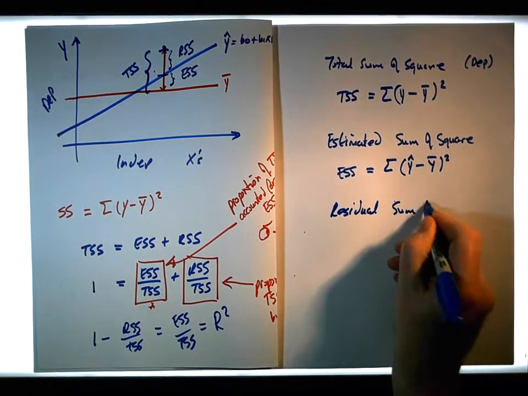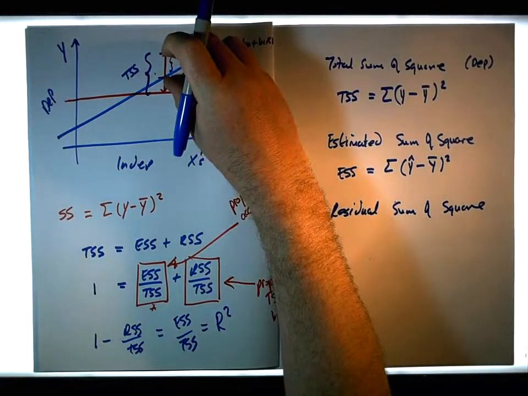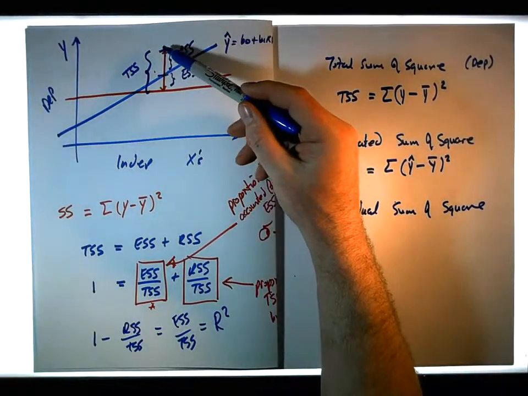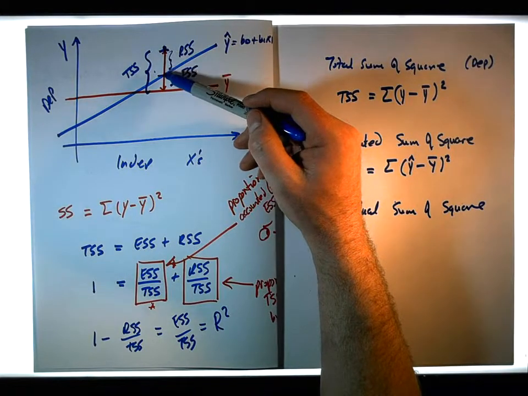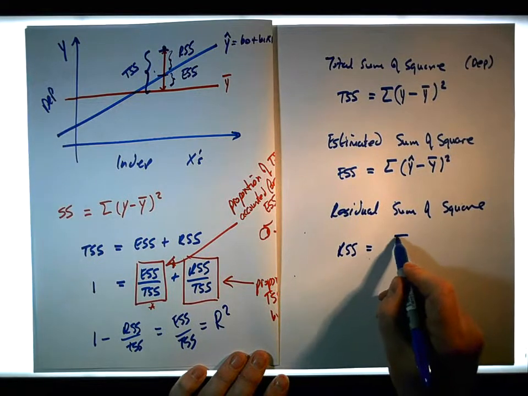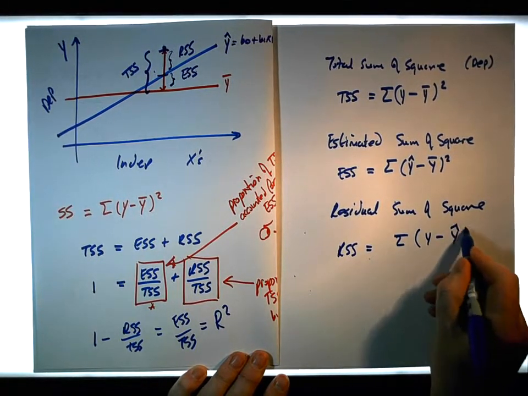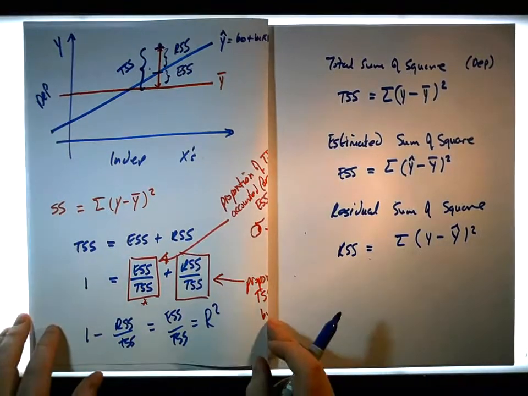sum of squares is this piece here. It's the distance between the y values and the estimated values. So now we can actually have r squared.